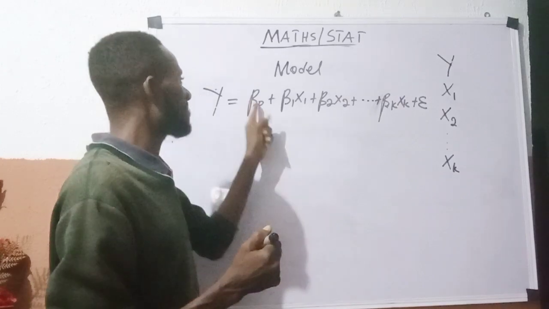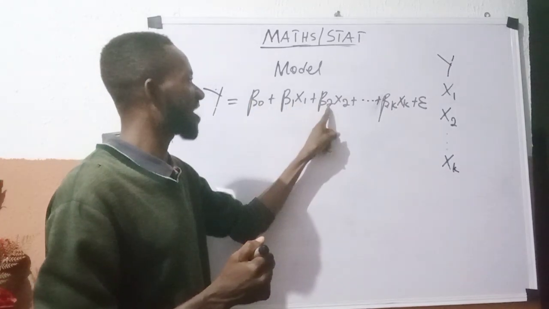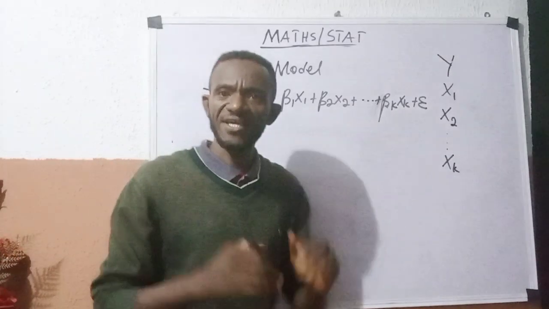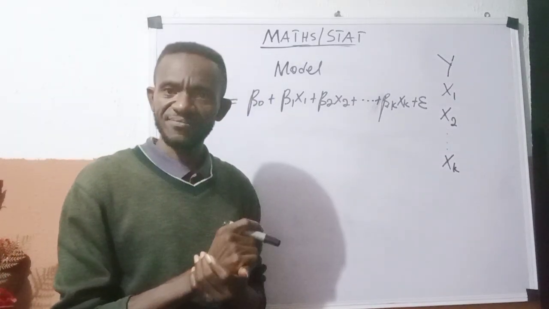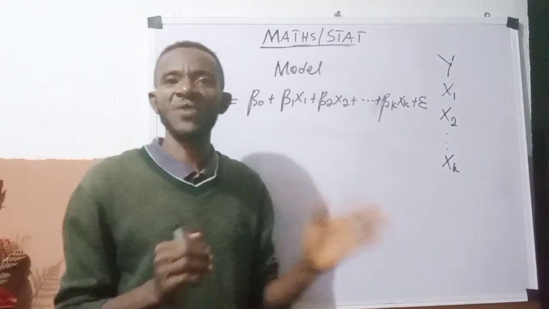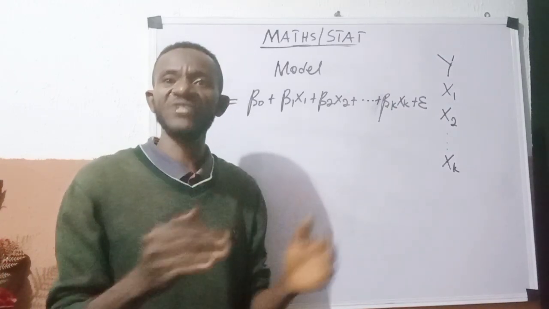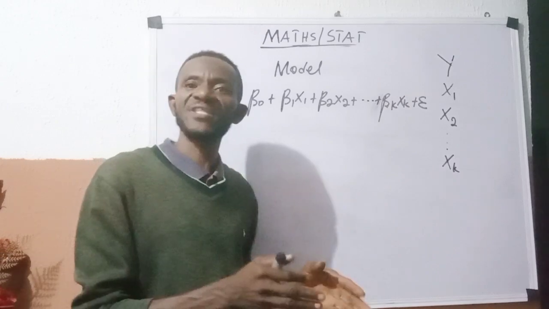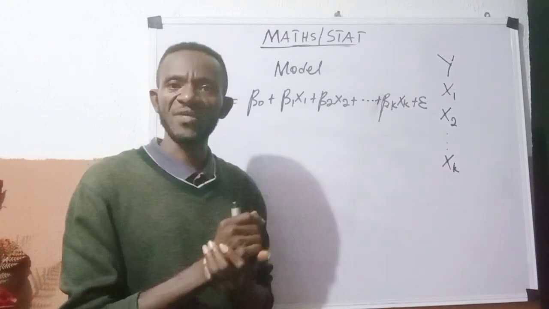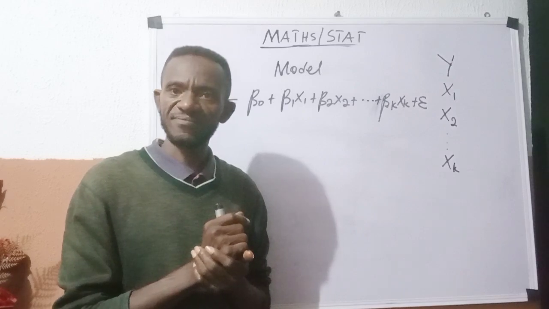And of course, beta 0, beta 1, beta 2, down to beta k are what we call the regression parameters, or the parameters of the regression model, whichever way you call it. That is what we refer to them as.